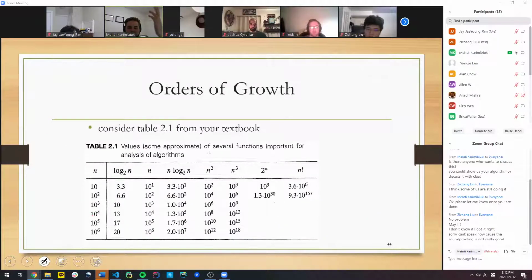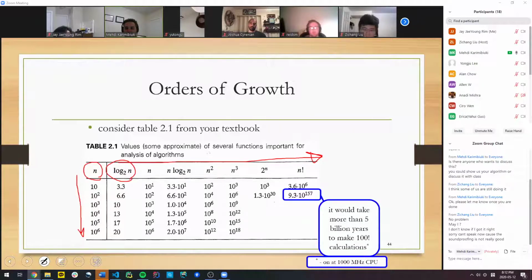Just to give you an idea, for log n, if we change n from 10 to the 6, okay, so we are sweeping n from 10 inputs to 10 to the 6 inputs, and if we have different types of algorithms, you see that n factorial can take 5 billion years to operate, just when n is 100, let alone the rest of it.